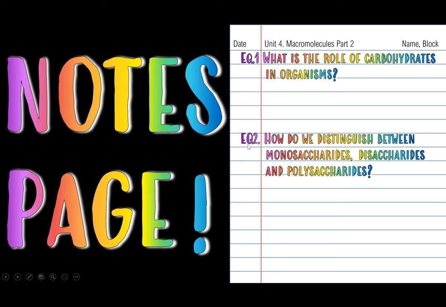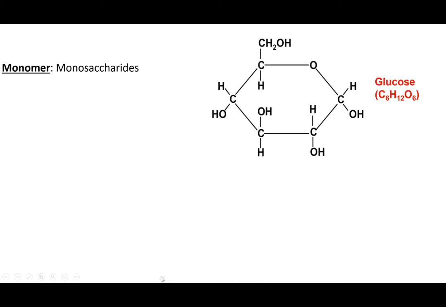So, essential question number 2, how do we distinguish between monosaccharides, disaccharides, and polysaccharides? Well, remember, monomers are monosaccharides, meaning it's just one ring. Monosaccharides are one ring, and here's our glucose molecule.